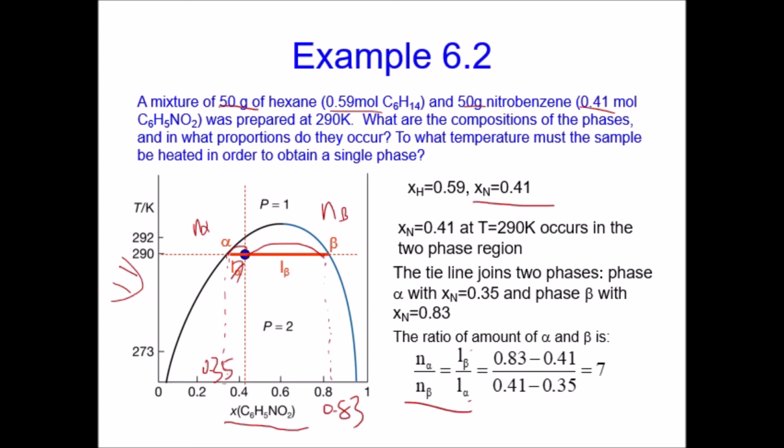So L beta is this length, which can be calculated by 0.83 minus 0.41. And the L alpha is 0.41 minus 0.35. So the answer is 7. So you have more molecules in the alpha phase, 7 times in the alpha phase than in the beta phase.